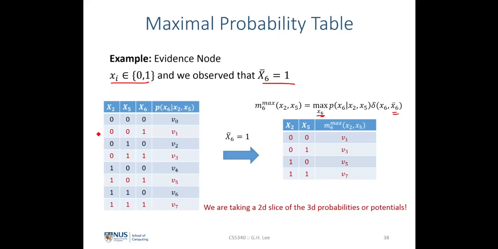So what we are interested in is all the rows in this particular conditional probability table such that x6 takes a state of 1, and we'll form a new probability table, which denotes the message of x6, where we simply observe x6 to be taking a state of 1.